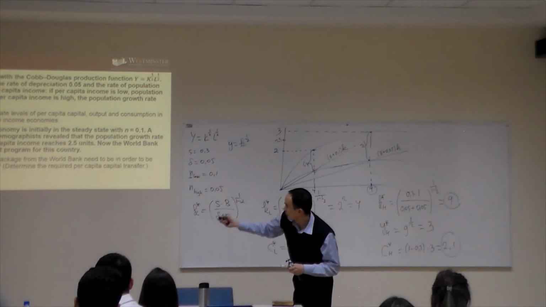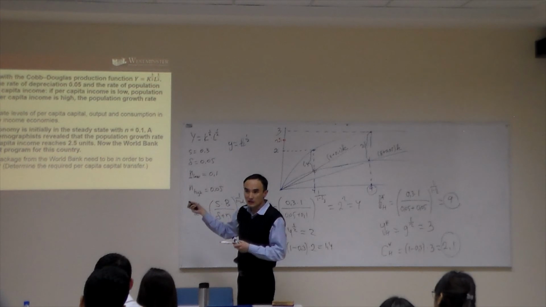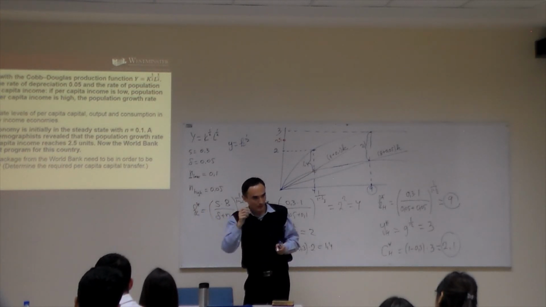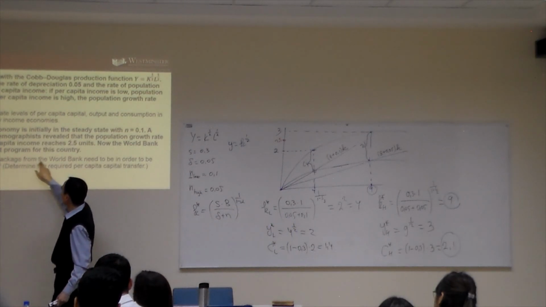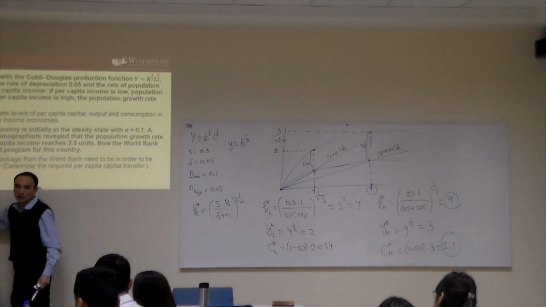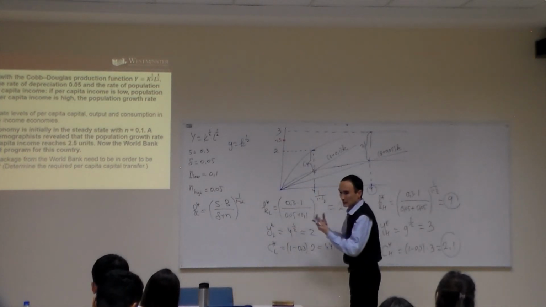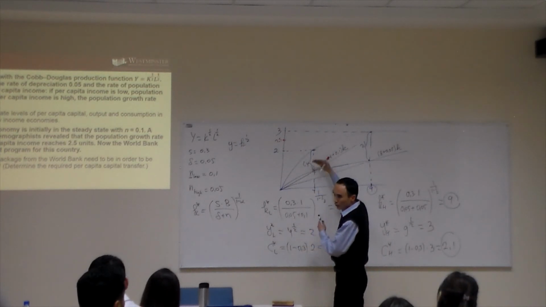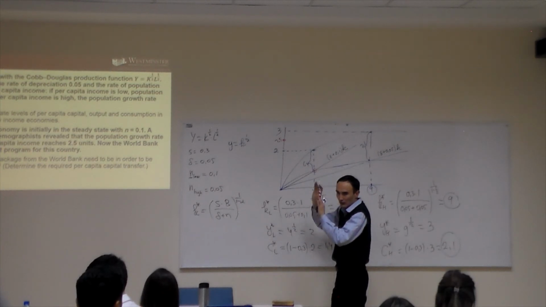So here's another argument. So now the World Bank decides on a development program for this country. Sustainable development goal number 1 is no poverty, right? How big does the help package from the World Bank need to be in order to be effective in the long run? So now the World Bank knows one problem in those poor countries is high population growth. 10% growth is unimaginable.